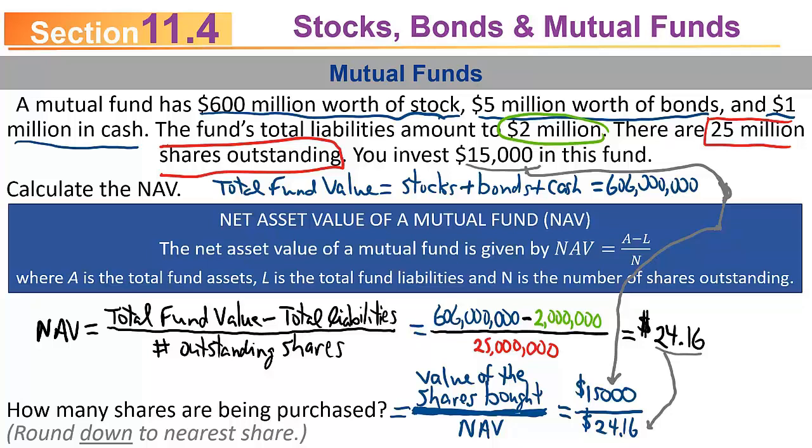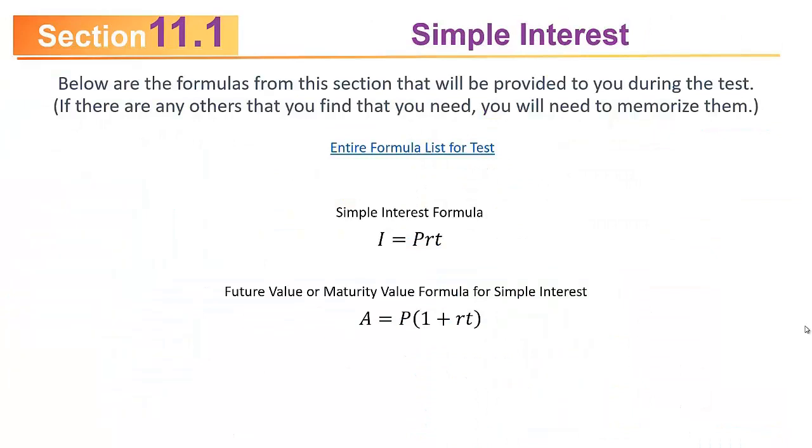We just calculated the NAV to be $24.16. So the shares purchased would be the amount that you're using to purchase the shares divided by the NAV, which is basically the price per share. If you divide that, and round down, as the instructions say, you end up with 620 shares. So here are the formulas you will need to do your homework.